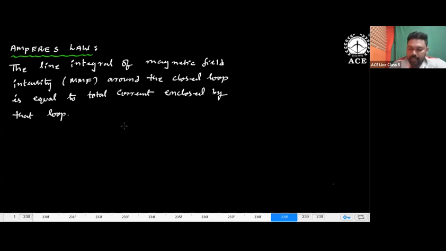The line integral of magnetic field intensity around the closed loop is equal to total current enclosed by that loop. That is, MMF in the loop is equal to I enclosed, I ENC.